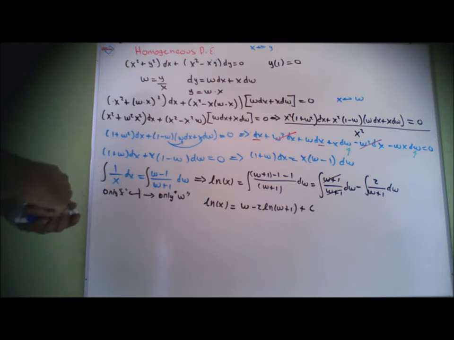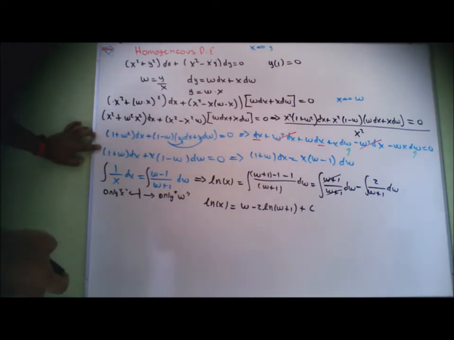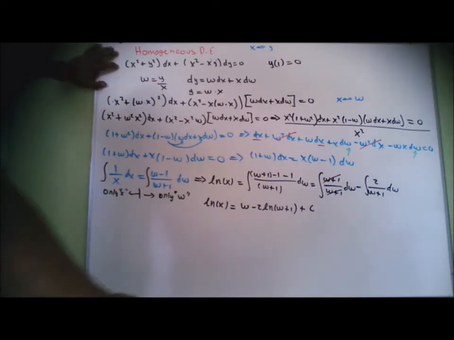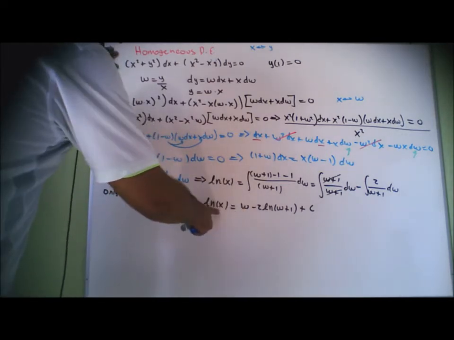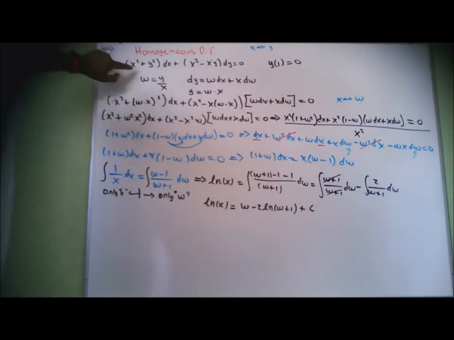Okay, so that is the implicit solution, but that is the solution of this differential equation, and that is not the original differential equation. Here the differential equation is w as a function of x, but what we really need is y as a function of x.